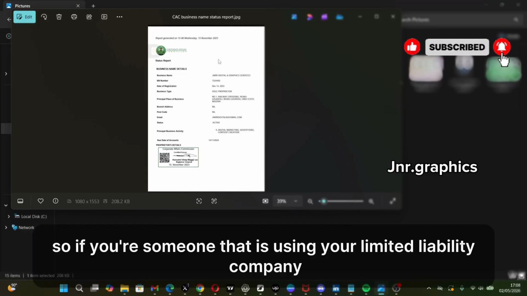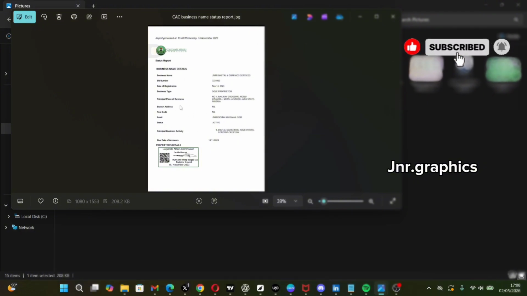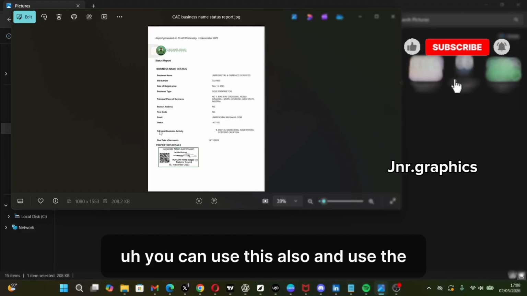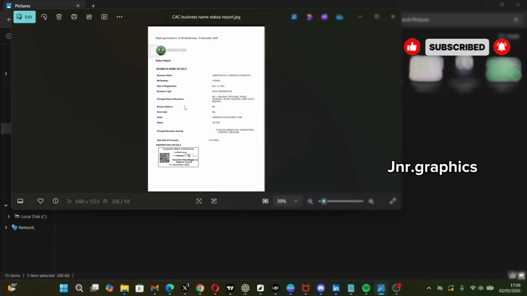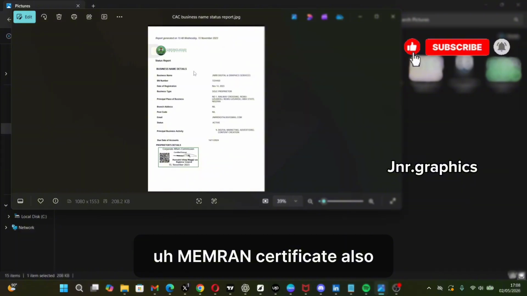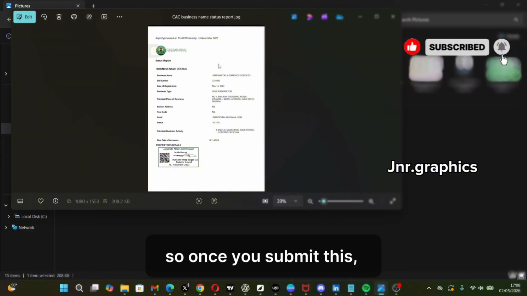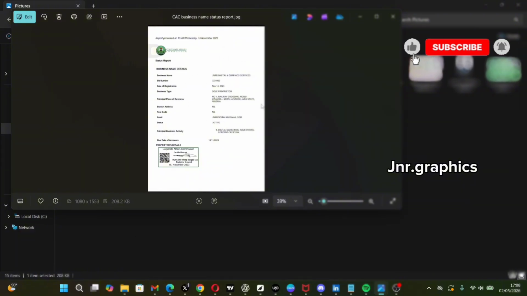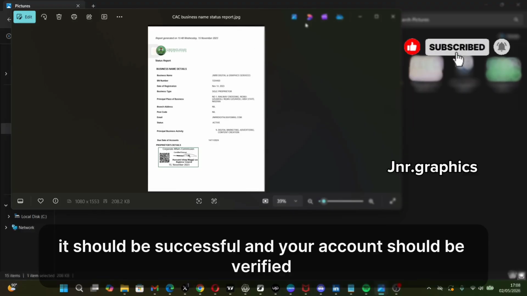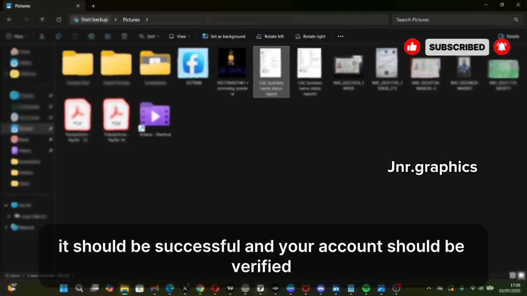So if you're someone that's using a limited liability company, you can also use the member certificate. Once you submit those three, it should be successful and your account should be converted.